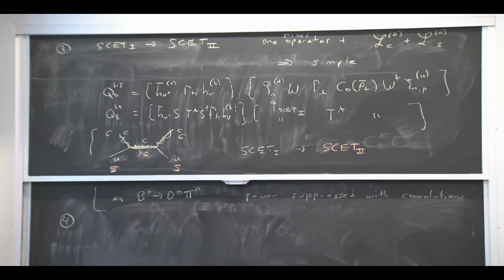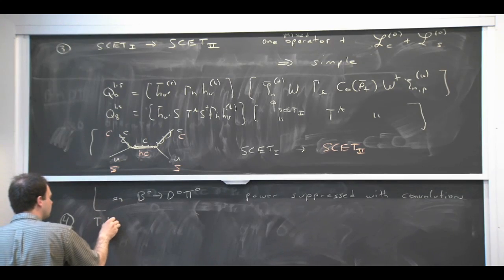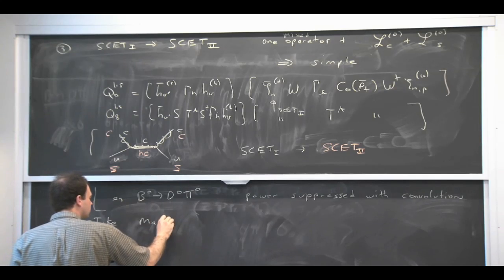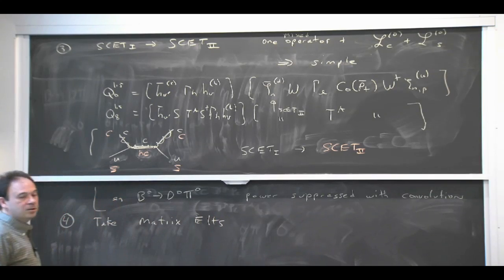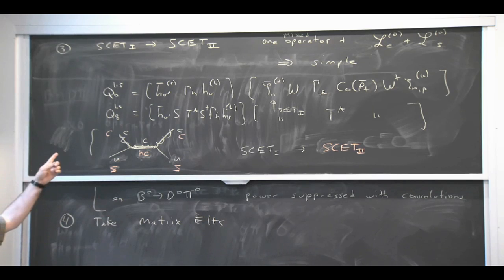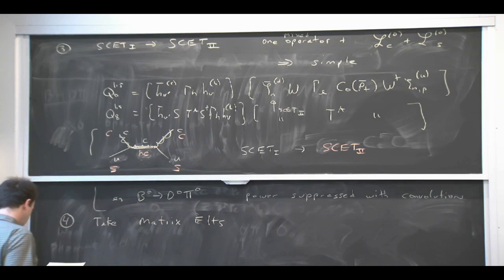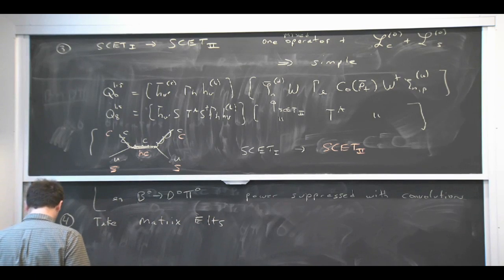All right, so number 4, so this is an aside. Number 4, take matrix elements. And here we find that one of the matrix elements is just 0, the one with the octet. So let me write the non-zero ones first.